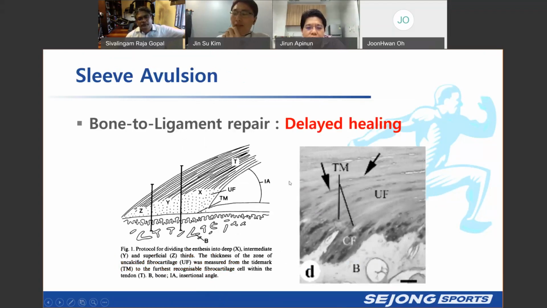And another option is sleeve avulsion. The sleeve avulsion is totally popped out from the bone. There the bony side area is not a ligament; here is a fibrocartilaginous region. It's also difficult to heal at the injury site, the bone-to-ligament healing, as well as ACL healing at the bone tunnel.